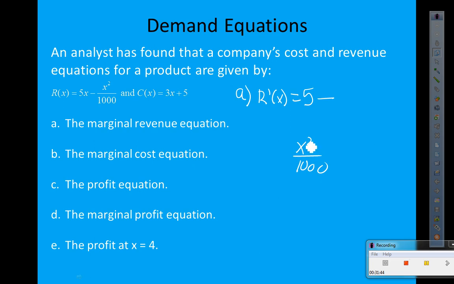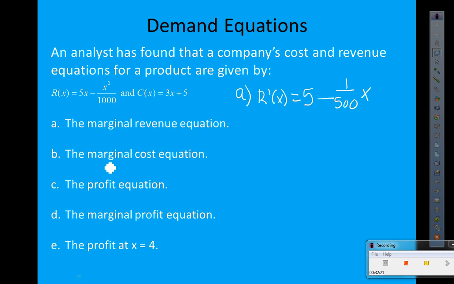Okay, to find the derivative of x squared over 1,000, I'm going to think of this as 1/1000 x squared. Bring down your 2, so I've got 2 times 1,000. X to the 2 minus 1 is 1. And 2 over 1,000 reduces to 1 over 500. So there's my marginal revenue equation: 5 minus 1 over 500x. So there's my part A.